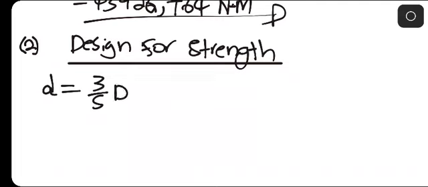This is the same as 0.6d, right? So there's this formula. We must know this, guys. You must make sure you remember the formula.